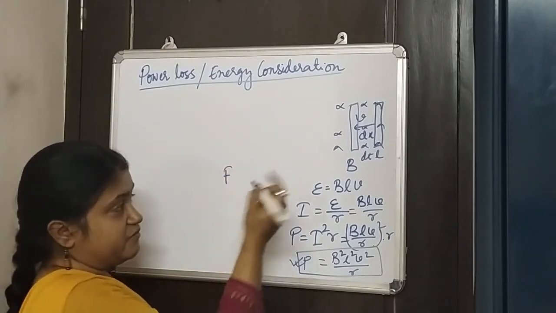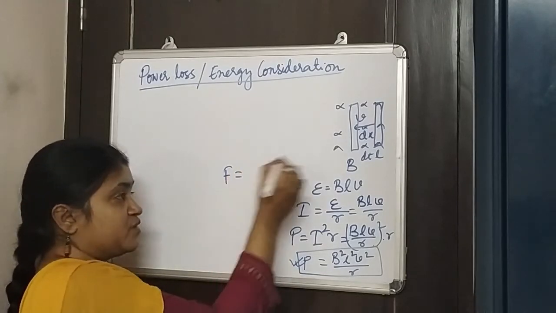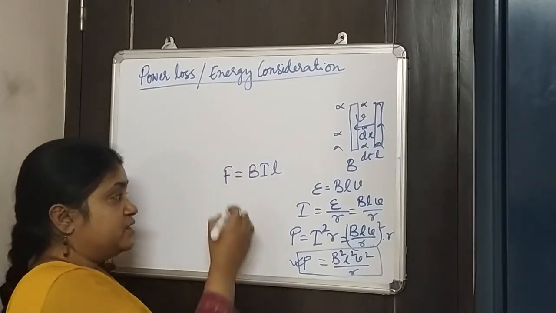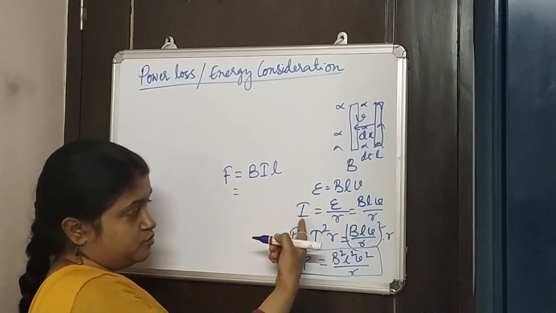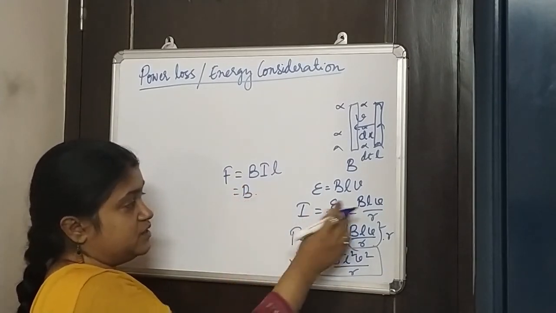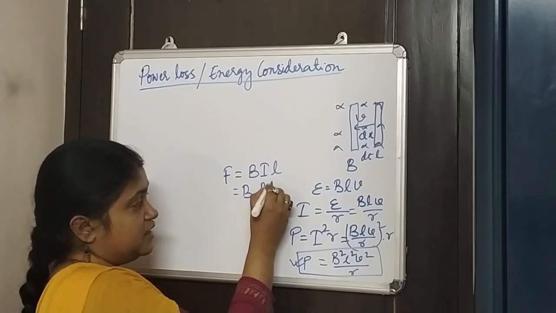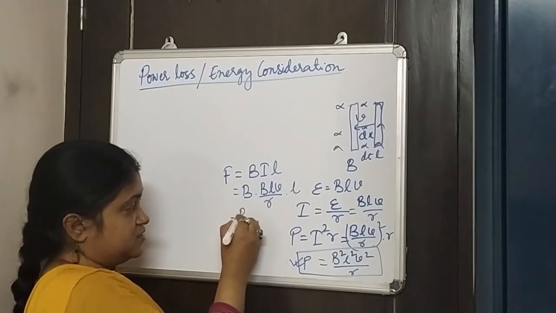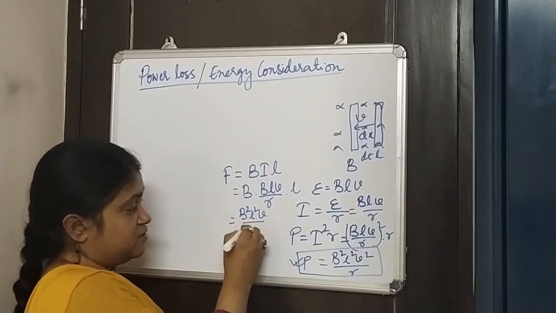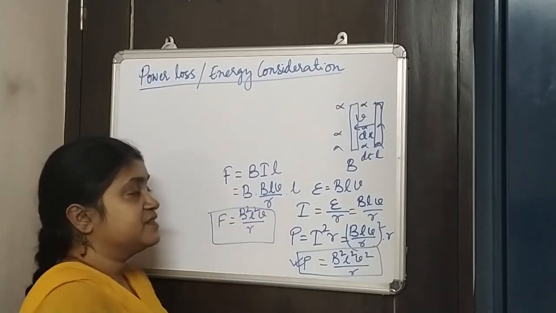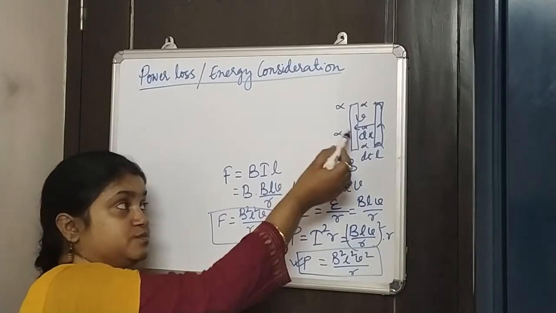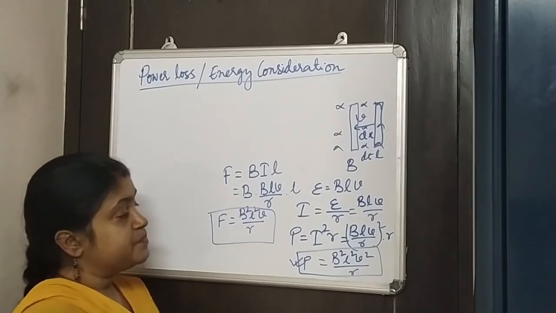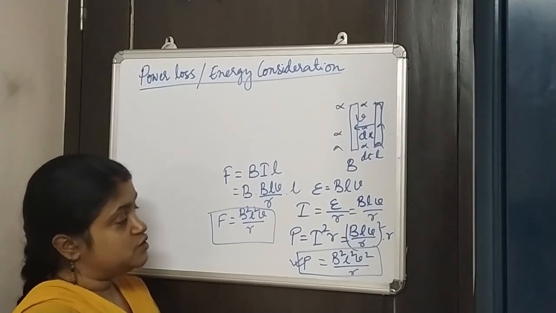To calculate the force, the force in the magnetic field is B into I into L. Substituting I, this becomes B into (BLv by R) into L, so we get B square L square v by R. This is the force acting on the rod in motional EMF, and the power dissipation is given by B square L square v square by R.